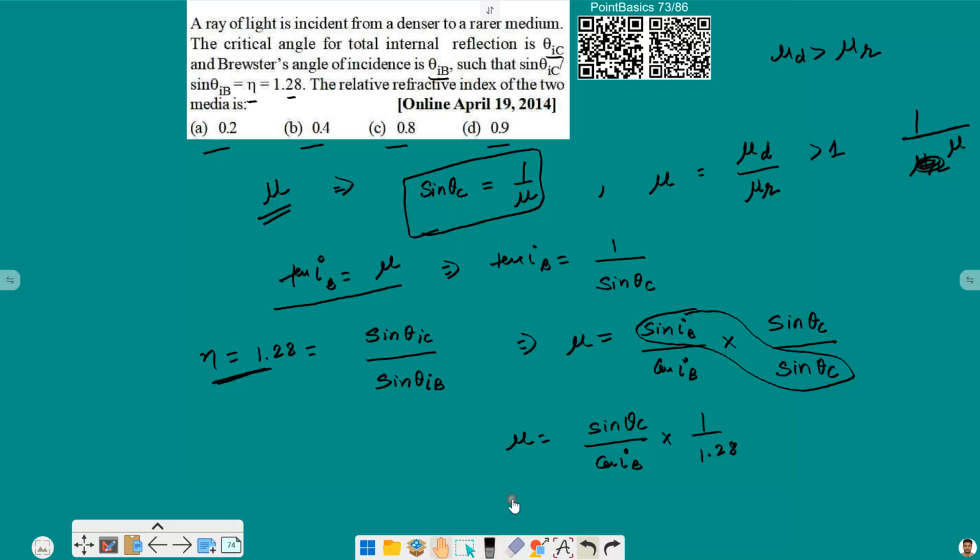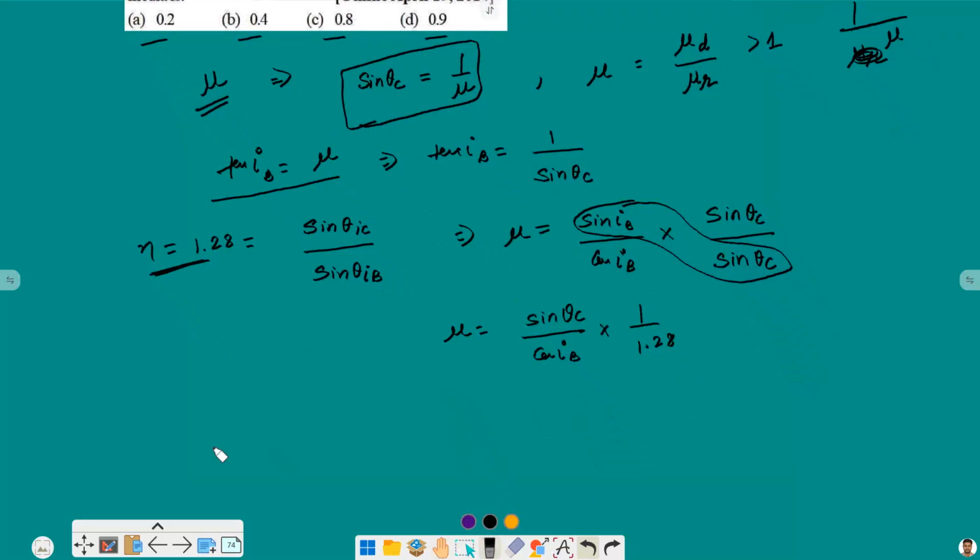So this can be written further that mu is equal to 1 by mu cos of IB into 1.28. So this will become mu square is equal to 1 by cos of IB into 1.28.